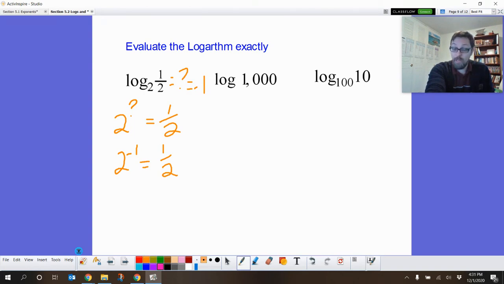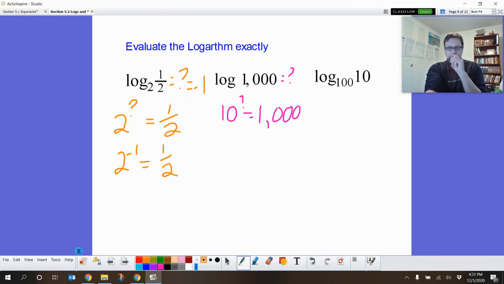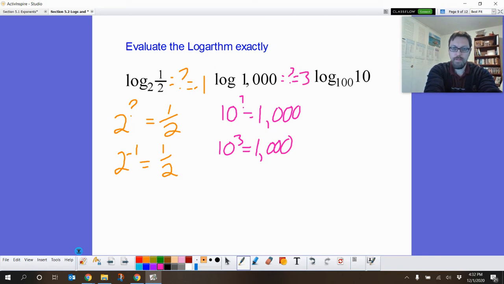This is a common log of 1,000. So this is really asking, if I set it up as an equation, 10 to the what is 1,000? Well, 10 to the third power is going to be 1,000. So this equals 3.